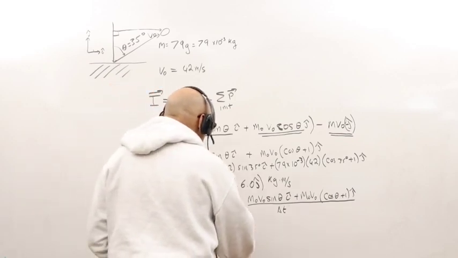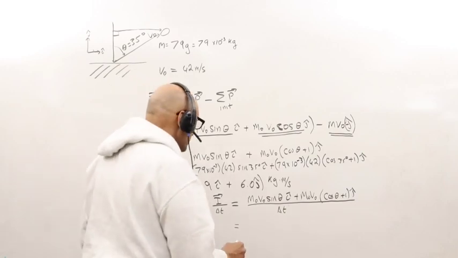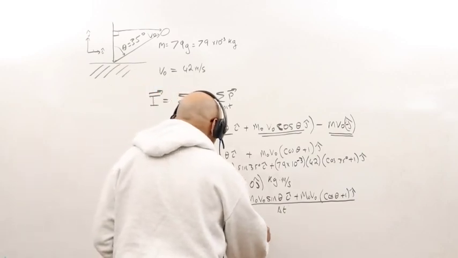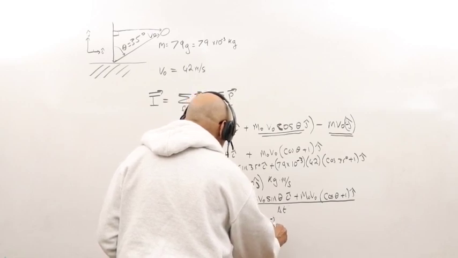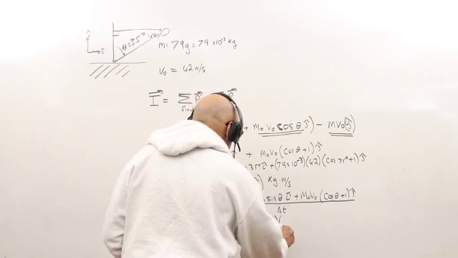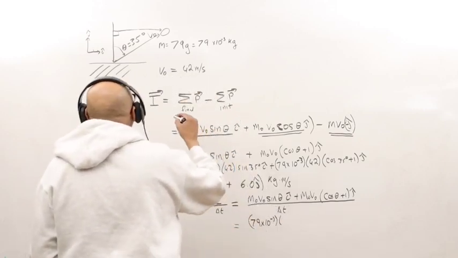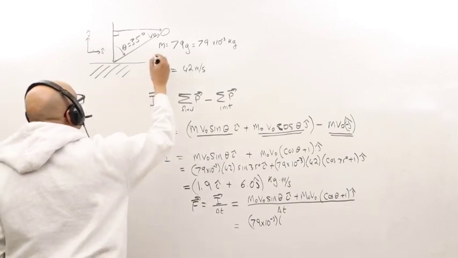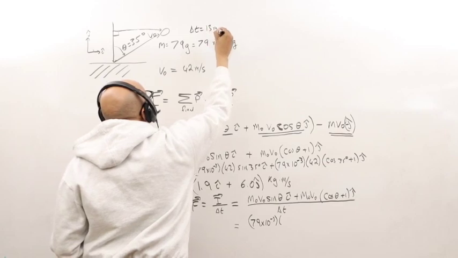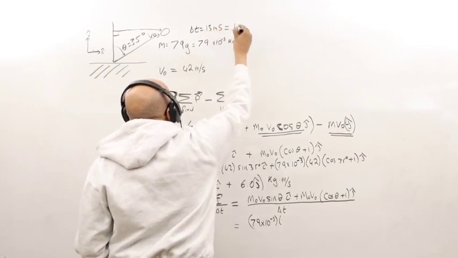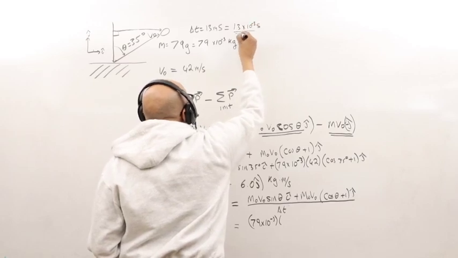So we put numbers in the final equation. Hopefully you guys can see this. The mass is 79 times 10 to the minus 3. 13 milliseconds is 13 times 10 to the minus 3 seconds. So standard units.